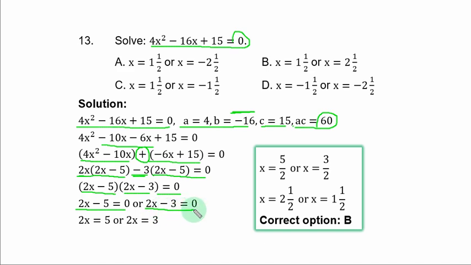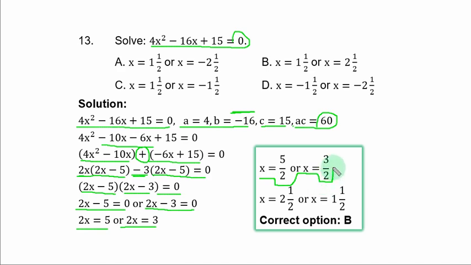If you transfer the respective constant terms to the right hand side, you have 2s equal to 5 or 2s equal to 3. Divide through by 2 in both linear equations and you have s equal to 5 over 2 or s equal to 3 over 2.